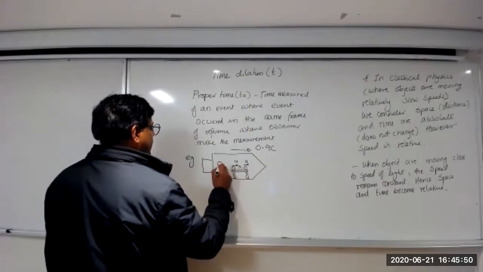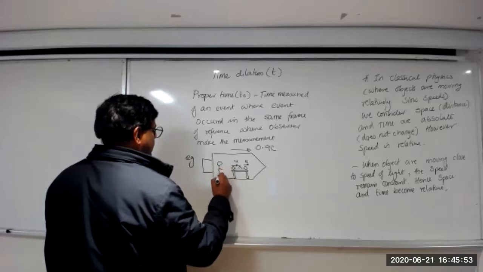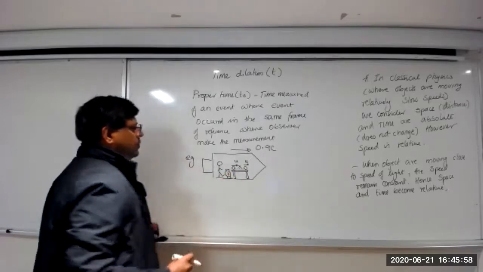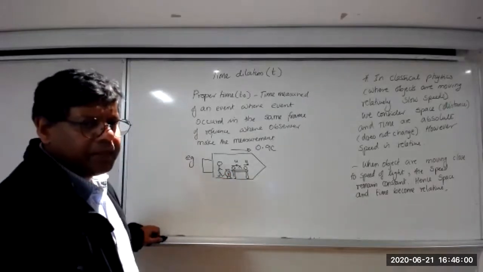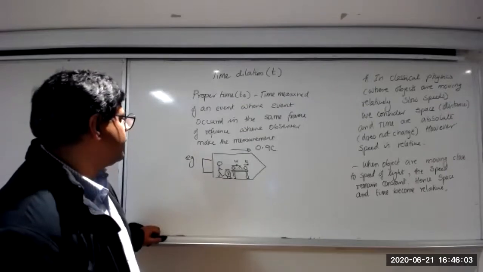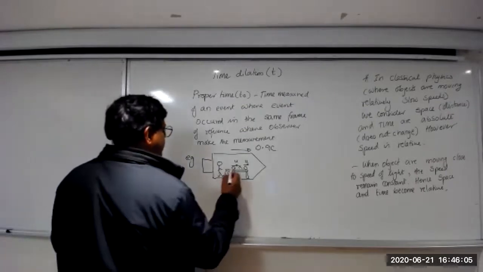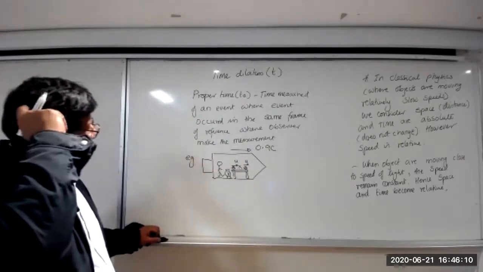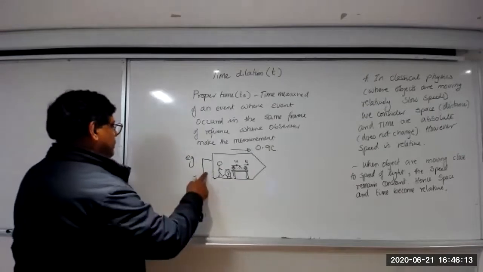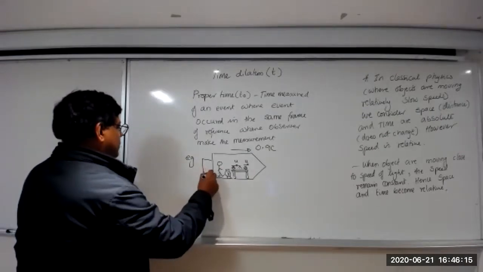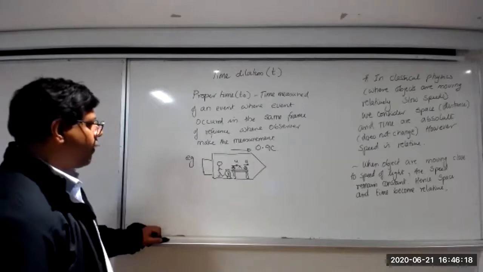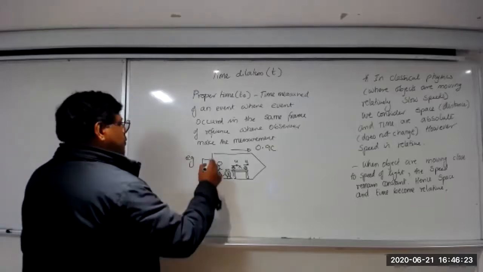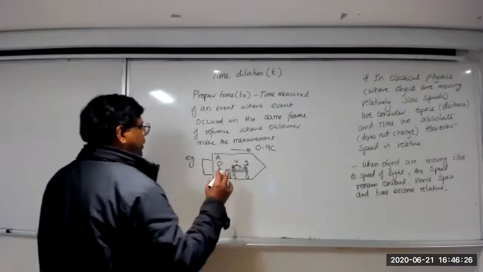The observer is inside. The event is occurring in the same frame of reference as the observer. That makes sense? It's making the measurement of an event where the observer is in the same frame of reference. So the observer here, observer A, measures the proper time.